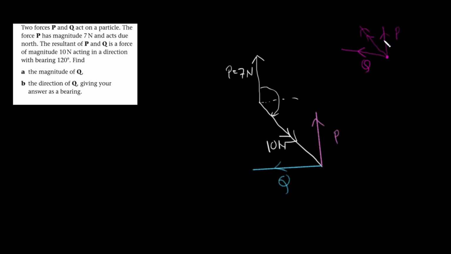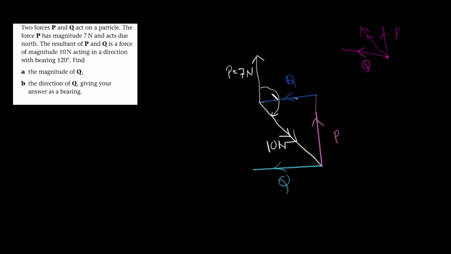This time we know the force P and the resultant force, we just need to find the force Q. So first I'm going to take this and make a parallel vector Q over here. So this is P, and this is Q, a parallel vector.